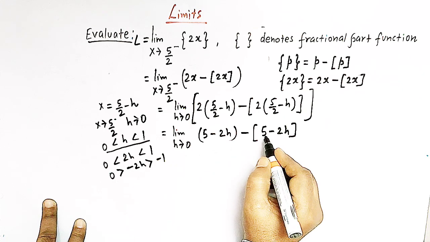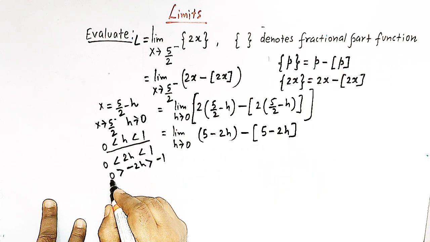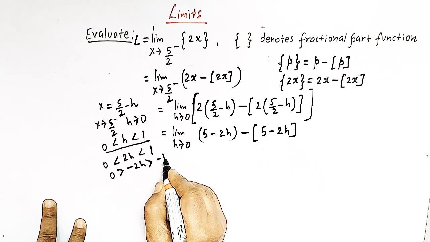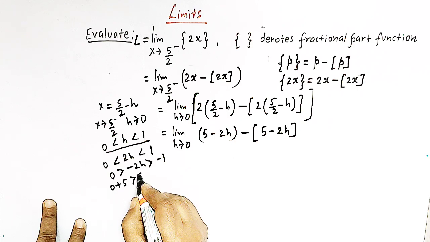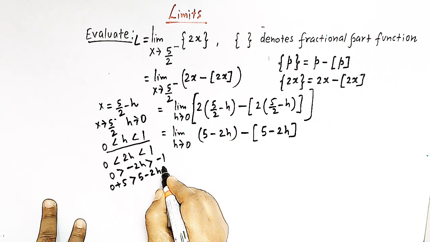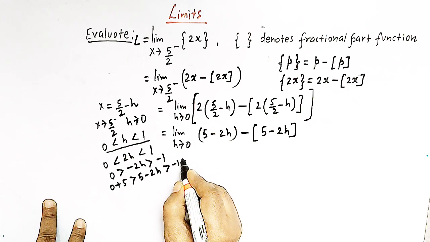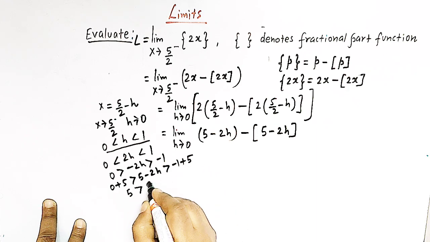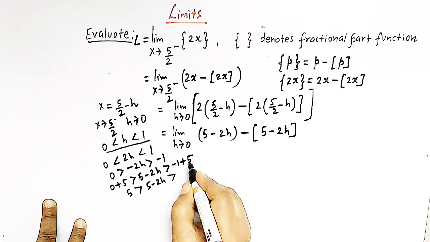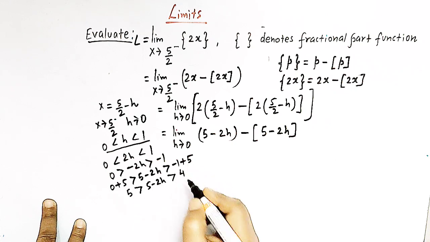Now let us add 5 throughout: we get 5, then 5 minus 2h, then 4.